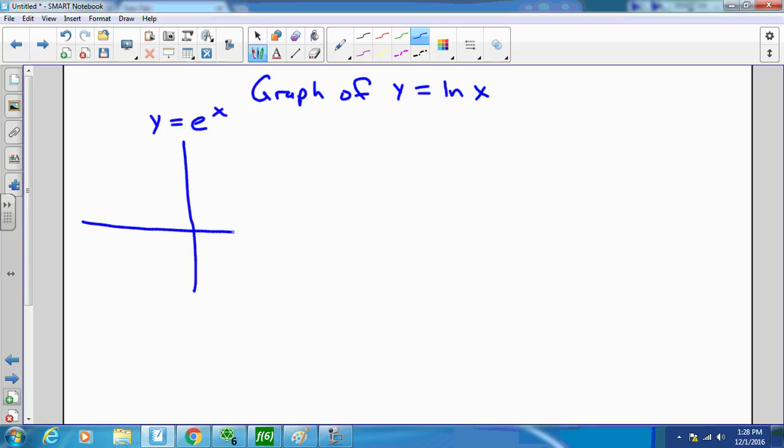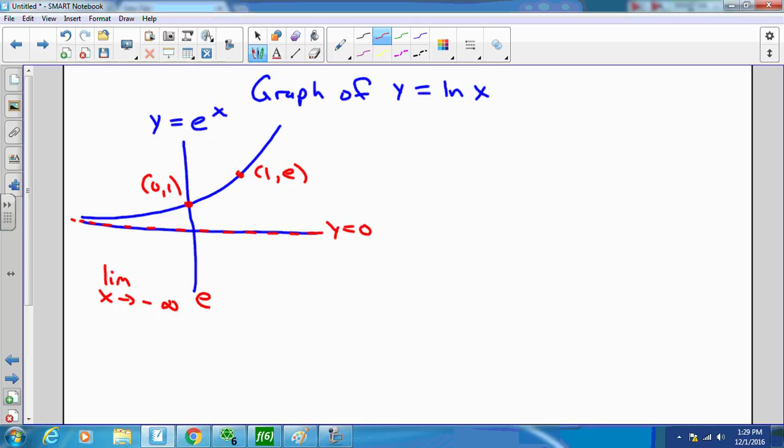So we started with the graph of y equals e to the x, which has a familiar shape, and it has three special points that we all know and love: 0, 1, 1, e, and the horizontal asymptote y equals 0, which is reflected in our limit. The limit as x goes to negative infinity of e to the x is equal to 0. The domain of e to the x is all reals. The range is all positives.